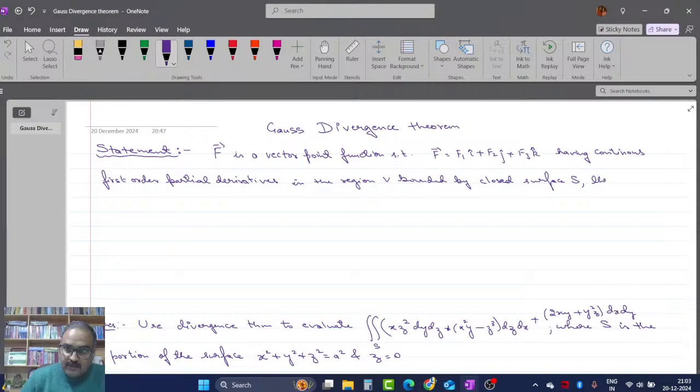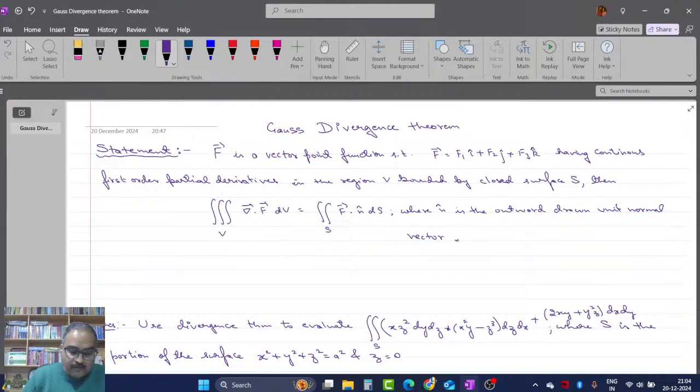capital S, then the volume integral, triple integral over V of del dot F into dV, is equal to the surface integral of F vector dot n cap into dS, where n cap is the outward drawn unit normal vector to the surface capital S. So this is basically the statement.